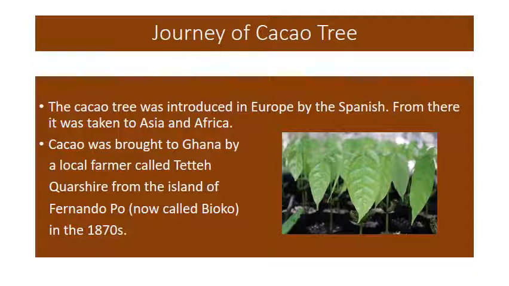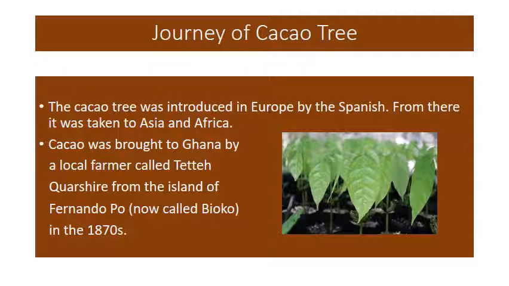It is believed that cacao is a native of the equatorial regions of the Americas. The cacao tree was introduced in Europe by the Spanish, and from there it was taken to Asia and Africa.